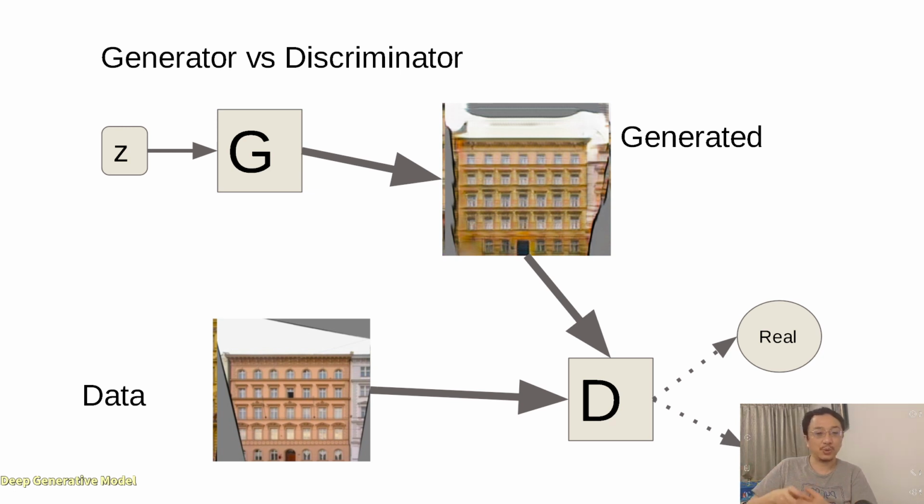Then you use transposed convolutions to increase the channels and the size, and step by step it becomes a large image, maybe 128 by 128 by 3, with 3 colors, and you generate the images. Okay, so that's the generator.